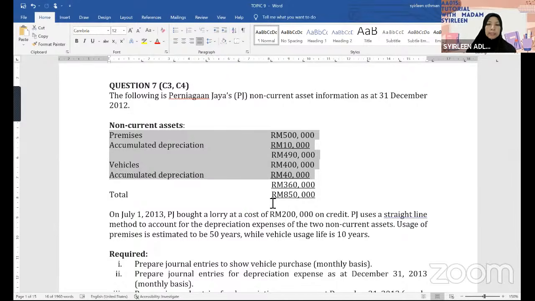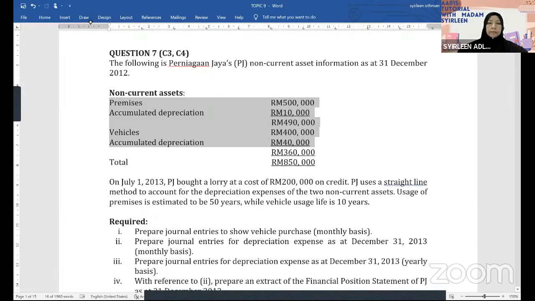So sekarang ni kita nak beli aset yang baru. Okay, so cost dia ialah 200,000 on credit. Okay, so since kita tak diberitahu daripada siapa kita beli aset tersebut, so your terms is credit, so kita akan credit no accounts payable. Okay, so PJ uses straight line, right?